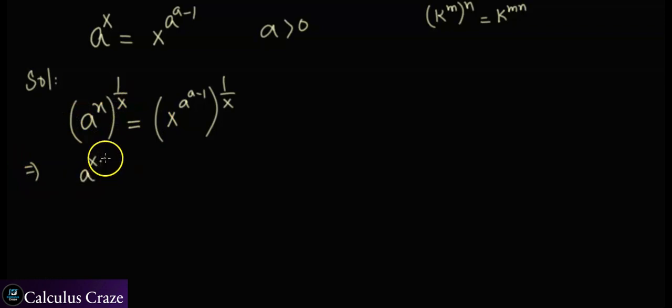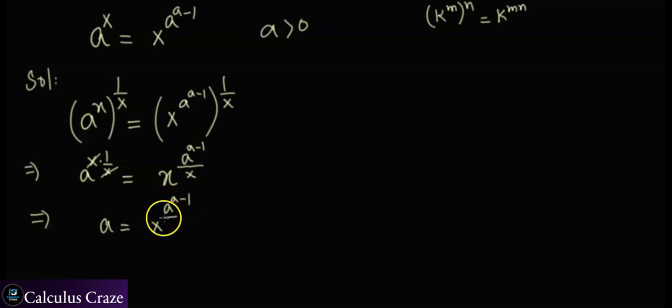A raised to the power x times 1 over x equal to x raised to the power a minus 1 upon x. When these are multiplied together, we get this. Then I can cancel out this x with this, and I will get a equal to x raised to the power a minus 1, all of this divided by x.